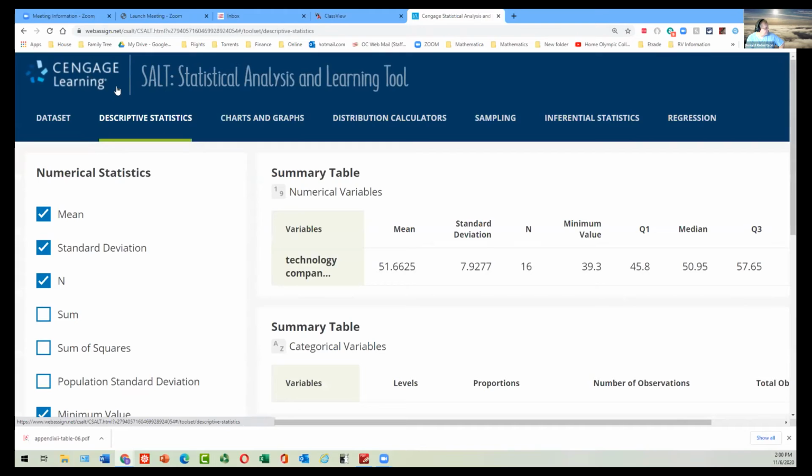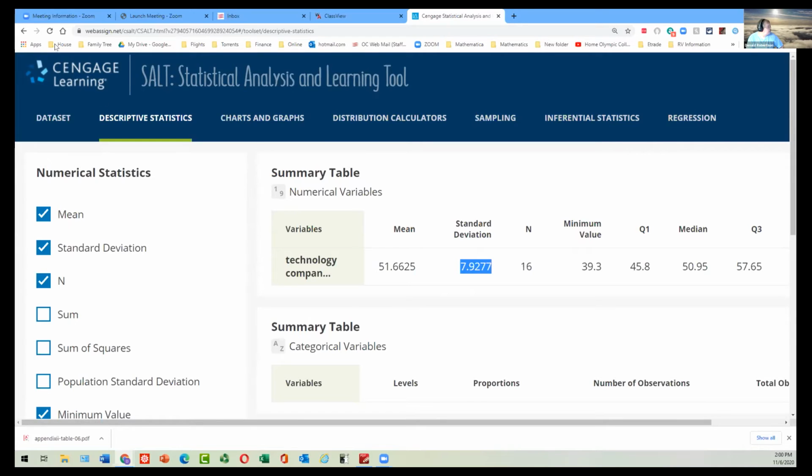and I'll go to descriptive, and I'm changing the question to make my life easier. The mean is now 51.6, actually 51.7 if you round it up, and the standard deviation is 7.9. So there's the mean here, and there's the standard deviation, right?